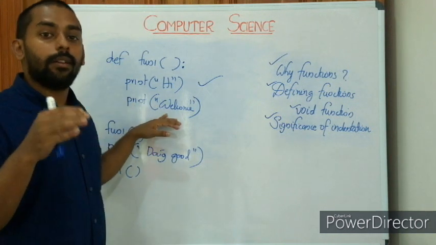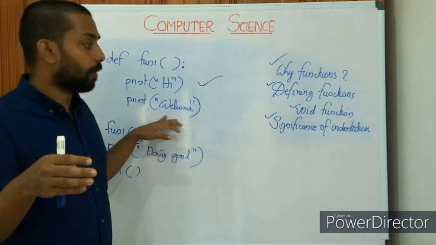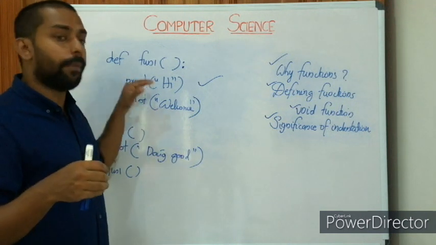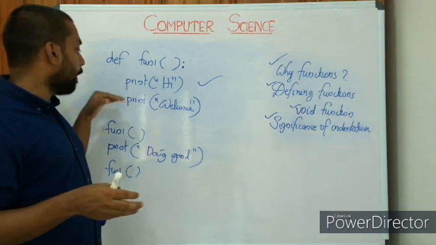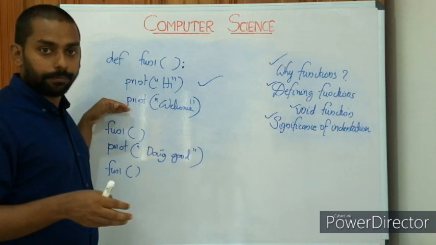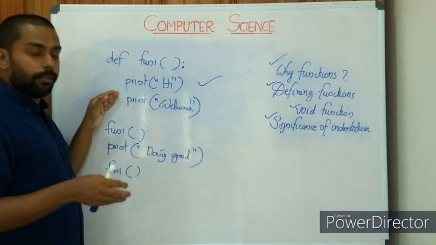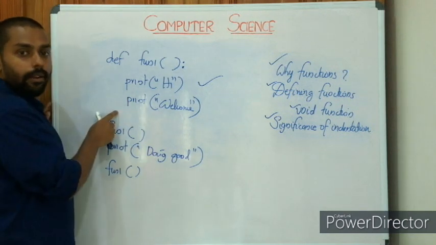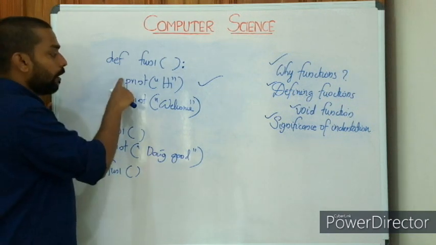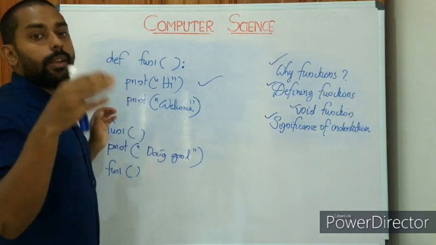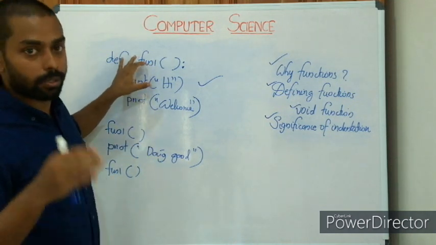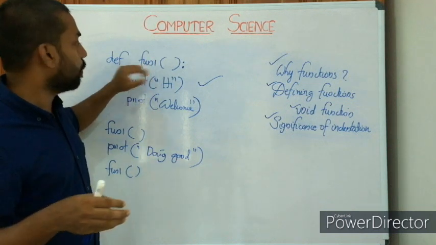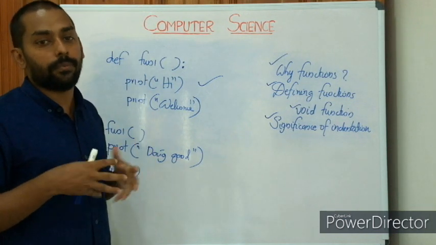In Python, indentation is very important because it's a part of syntax. Here in Python we don't have any explicit mechanism to indicate the beginning and end of a function. We can't see anything for starting and ending. So indentation is the only method to show which statements belong to the body of the function.